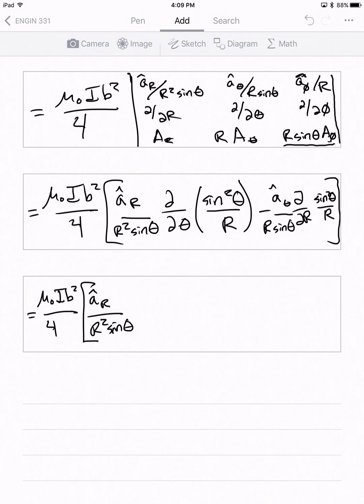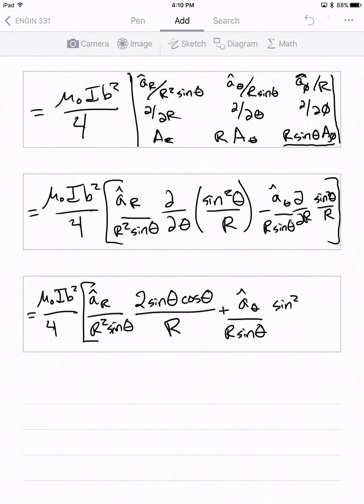The derivative with respect to theta of sine squared theta is equal to 2 sine theta cosine theta by the chain rule. And then we have over r, because r doesn't depend on theta. We're going to have a sign flip here, which is due to the derivative of 1 over r with respect to r. A hat theta over r sine theta times sine squared theta over r squared.